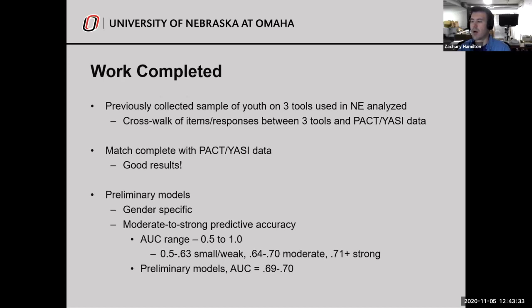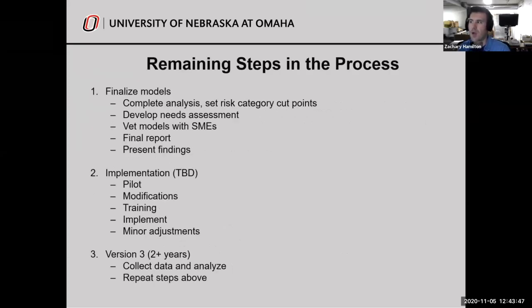We're finding AUCs that are around 0.69 to 0.7, and we hope that as we continue to refine those models, we might push them up even further so that you've got a really strong model that's reflective of the Nebraska population.